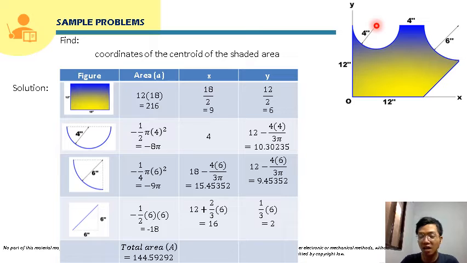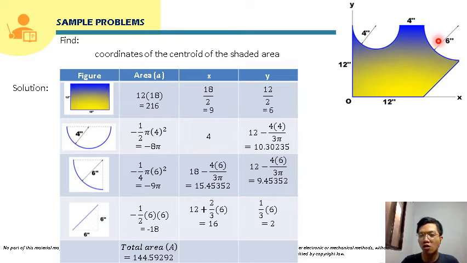So the y-coordinate of the centroid of this semicircle will just be 12 minus 4r over 3 pi, so that we can solve for this distance. Our radius here is 4, since we are considering the semicircle. So this will be 12 minus 4 times 4 over 3 pi, which will be 10.30235.